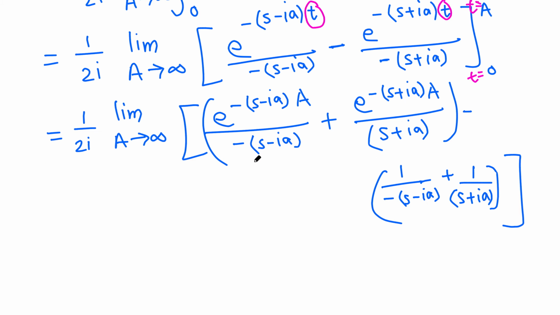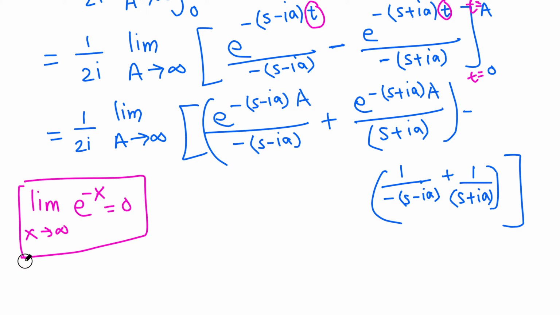Now let's take the limit. If s is bigger than 0, the exponent is negative, and I'm going to apply the limit: e to the negative x, when x approaches infinity, is 0. So e to the negative infinity goes to 0. Same thing here. 0 over a number is 0, so we don't have anything left.